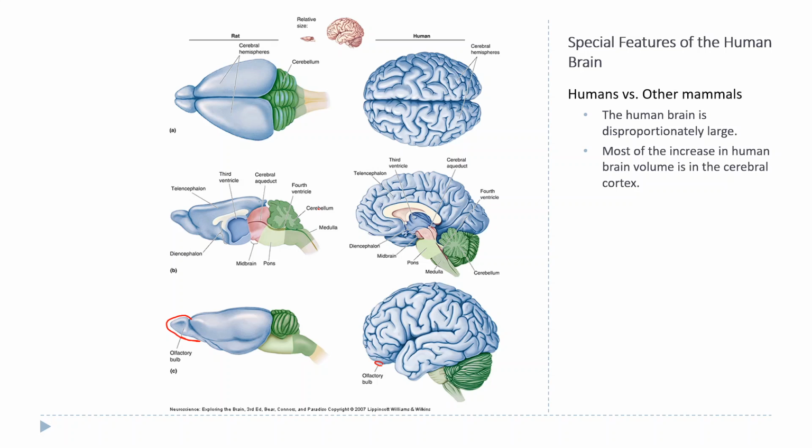That reflects the fact that humans, and in fact all primates, rely a lot less on our sense of smell than other mammals do. As we'll learn, humans and primates are much more visual in terms of their sensory systems. And so that's probably why the olfactory bulb is so much smaller in humans than in other mammals.